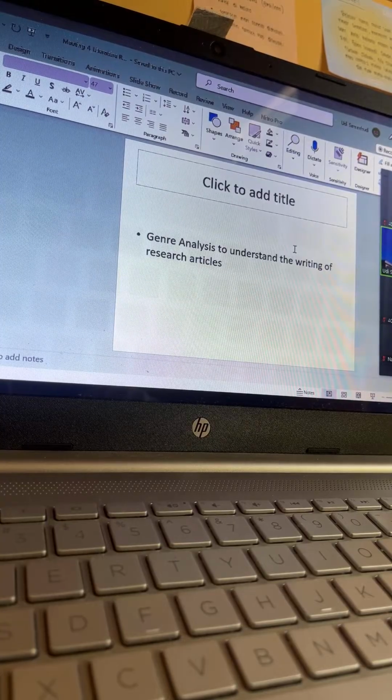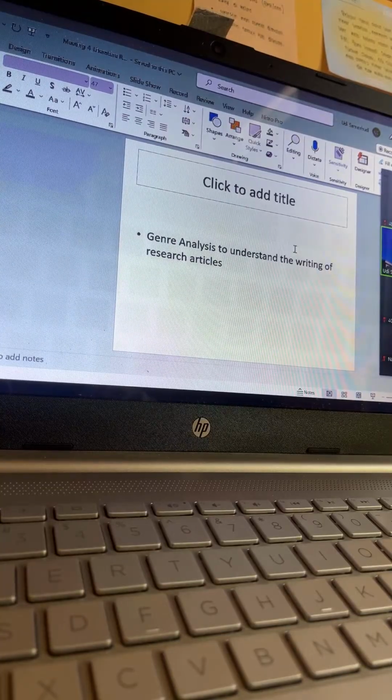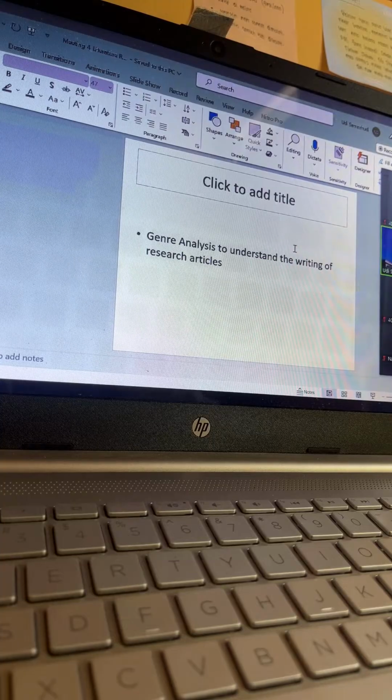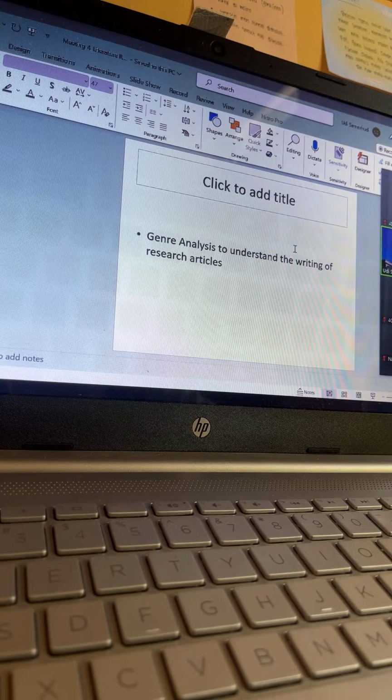So genre analysis means we learn each section by understanding how it is organized and what linguistic features are used. For example, in the introduction, are we using simple present or simple past? So through our genre analysis, we find that most of the introduction sections of research articles are using simple present.